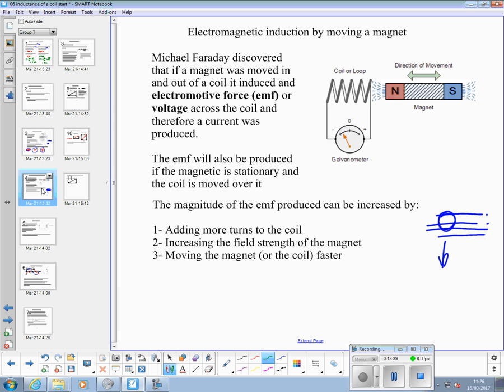If that's a conductor, Jake, looking in the board, and you've got this magnet here with its field coming out this way, if you make that field cut across that wire, or you make the wire cut across the field at 90 degrees, you'll get induction. If you cut at an angle, you'll get less induction. If you move it along that field, you'll get nothing.